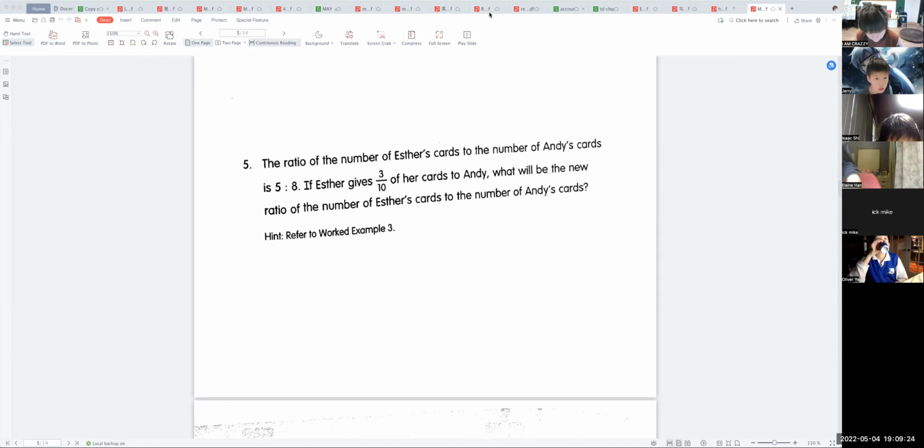Can you see my answer? I have received Elaine's answer and another Oliver's answer and Isaac's answer. Okay, so just to give the rest of the kids a little bit more time, and the one who's already got it, make sure you get it right.